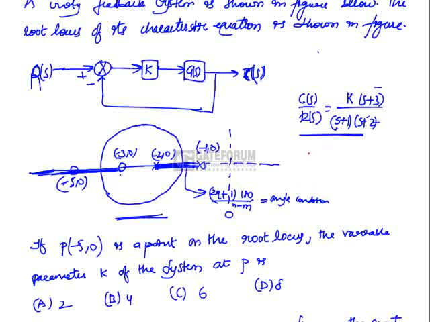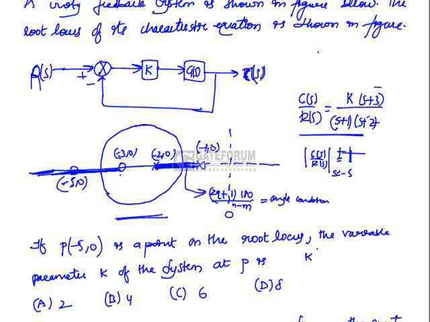What is the magnitude condition? The magnitude of the transfer function, that is C of S by R of S, is equal to 1. Now what does it mean? That at S equal to minus 5, this condition should be satisfied. Now substitute this one.